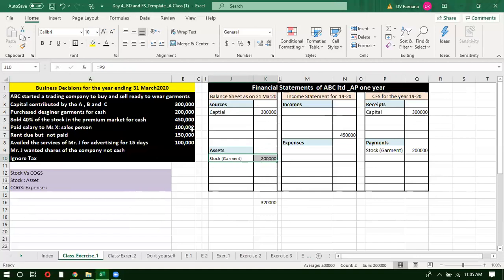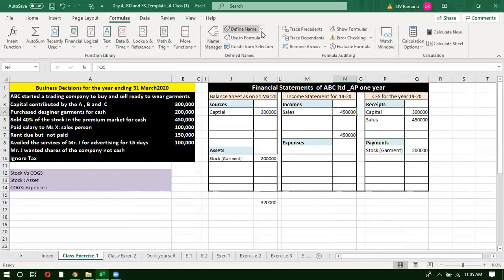And 40% of the goods have been sold now. So there is a sales of 450,000. And this entire sales is for cash. So therefore, there is a receipt to the extent of 450,000.